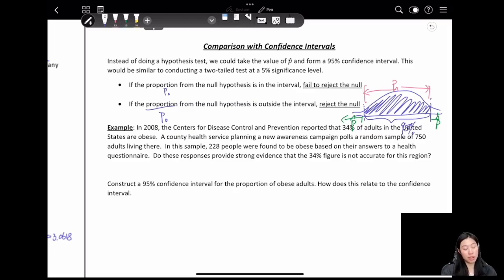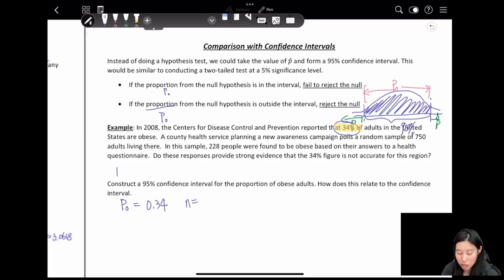So first of all, like I said, we need to extract all the important information. So what would be our p hat, p naught? p naught is this part, 34%, that would be our assumption, right? We assume that 34% of the adults in the United States are obese. And then what would be our sample size?